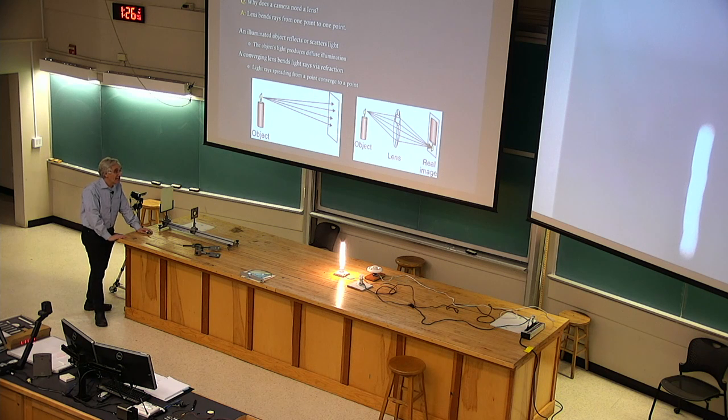Incidentally, everything I'm saying here about lenses and cameras is true of your eyes as well. Your eye has a little lens-like structure inside it. There's also the front surface of the eyeball, the cornea.